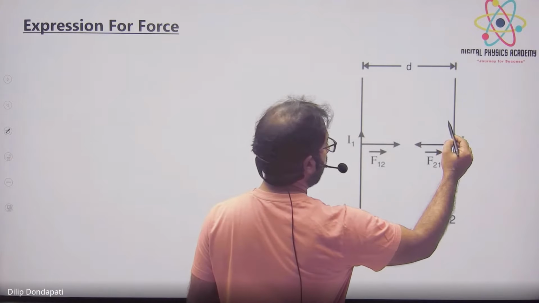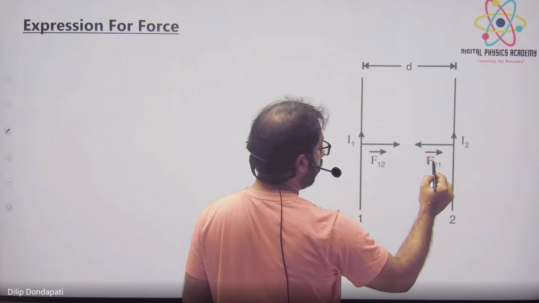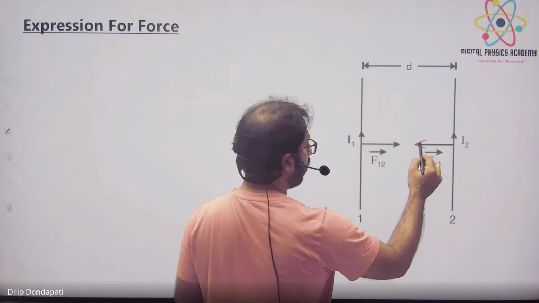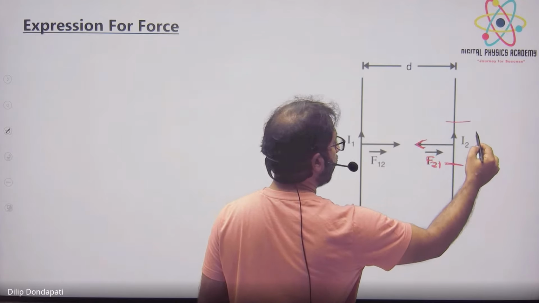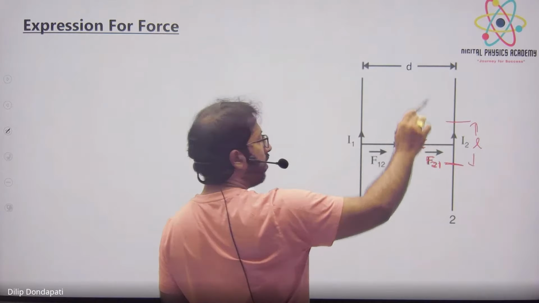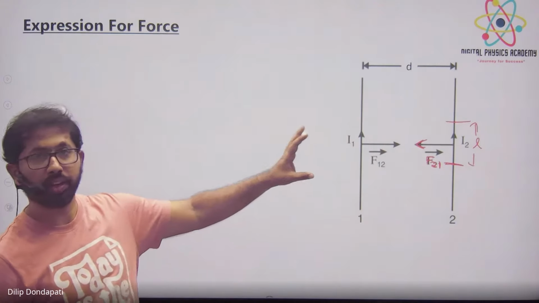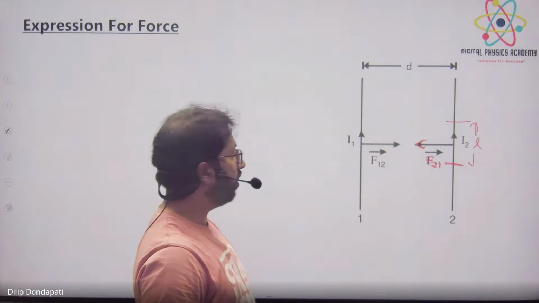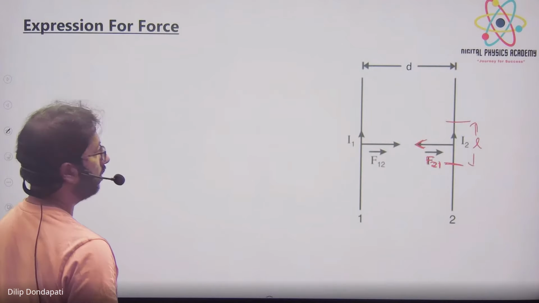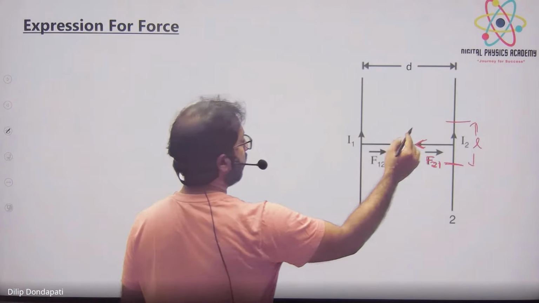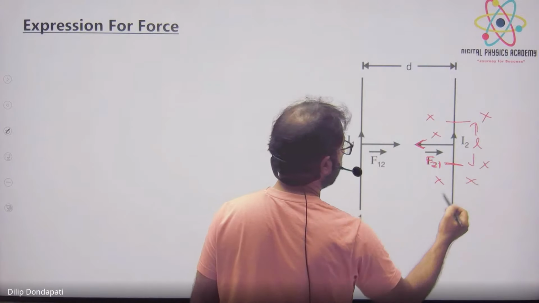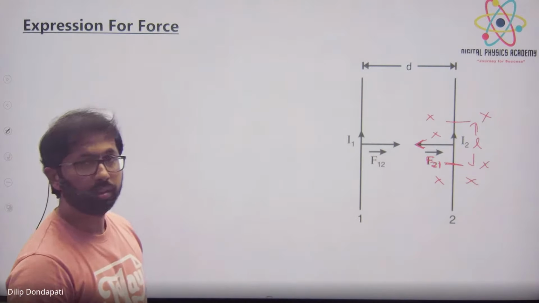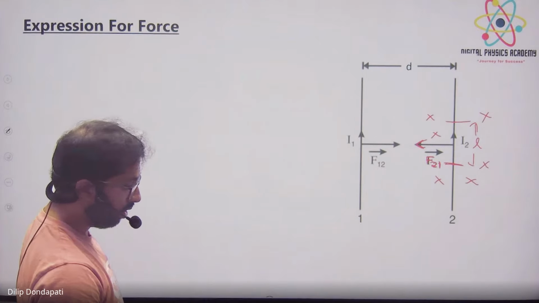Force on 2 due to 1. I am taking per unit length. I take this length as L because this is an infinite wire, and we cannot calculate for an infinite wire, right? We are calculating per unit length. Calculate how much force acts on this, and because of this the magnetic field is inward. So solve it.